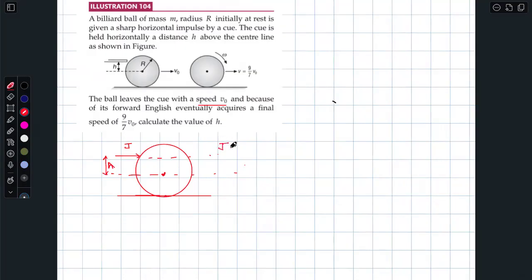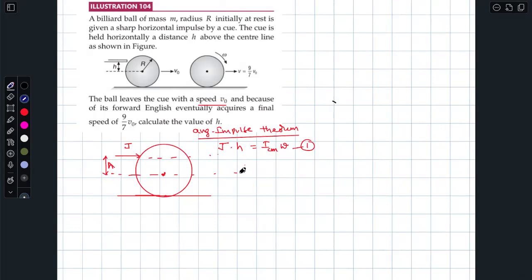J into h is I CM omega, equation 1. This you will say is the angular impulse theorem. Please ask me if you have any doubt in the very first step. Boys and girls, do you have any doubt in this?